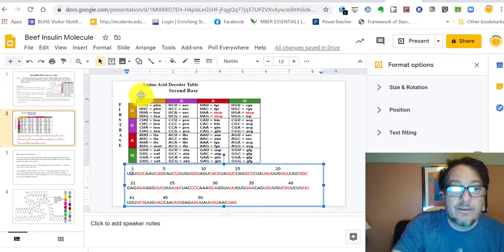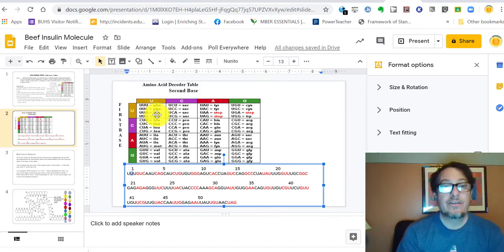And so what that tells us is the first base narrows it down to this row. The second base narrows it down to just this column, and then if we look at the different amino acids, we can find the one that says UUU, and the amino acid that is coded for by UUU is PHE, phenylalanine. And so what does that mean? What do we do?